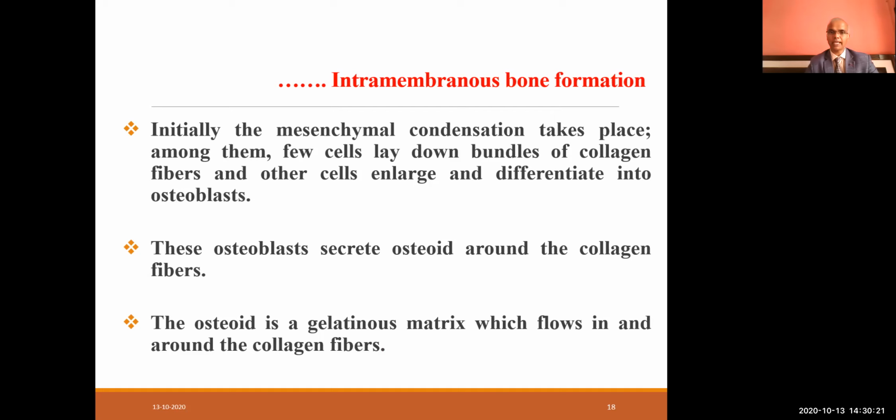The osteoblast cells secrete the osteoid around the collagen fibers. We know that the osteoid is a gelatinous matrix, so due to its gelatinous nature, it flows in and around the collagen fibers completely.